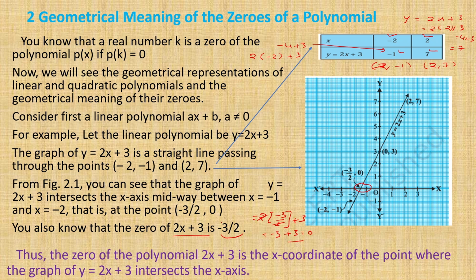So the polynomial equals 0, which means minus 3 by 2 is called the zero of the polynomial.